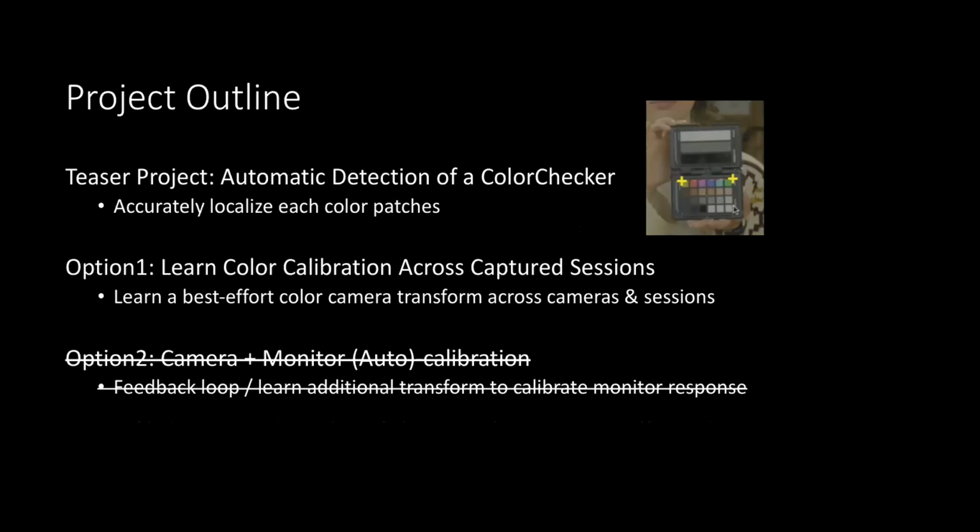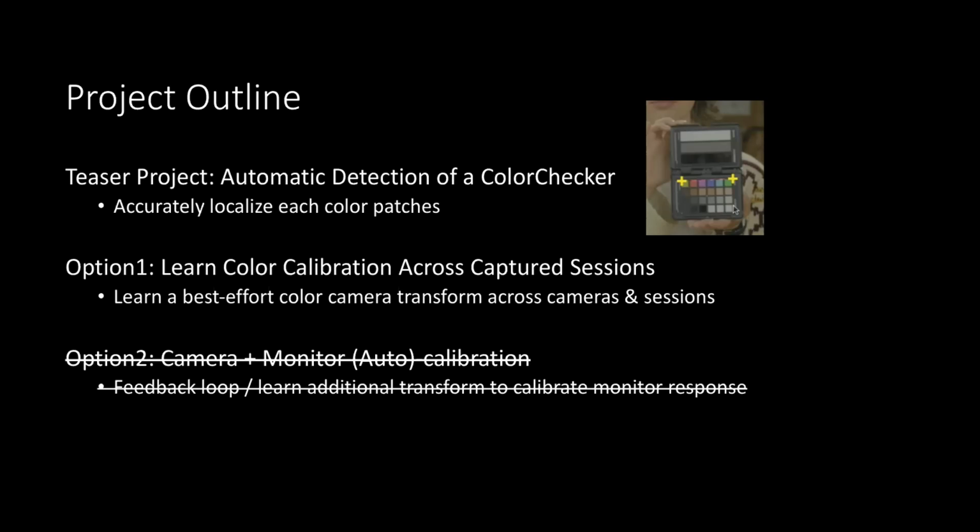So it's necessary for us to develop an automatic and accurate way to do the color checker detection, mainly because, first, we have a huge amount of color checker data. It would be infeasible for us to click color patches by hand like what most software does.